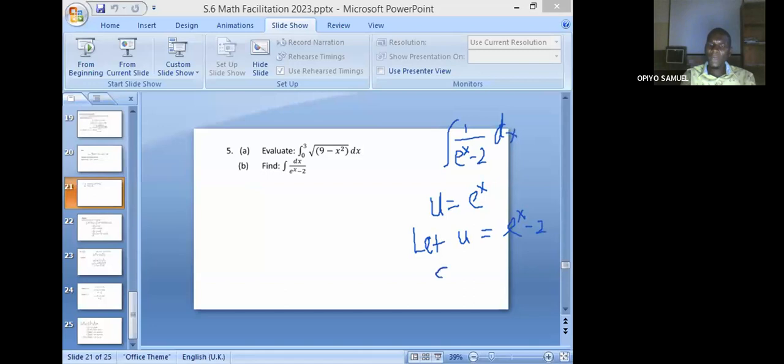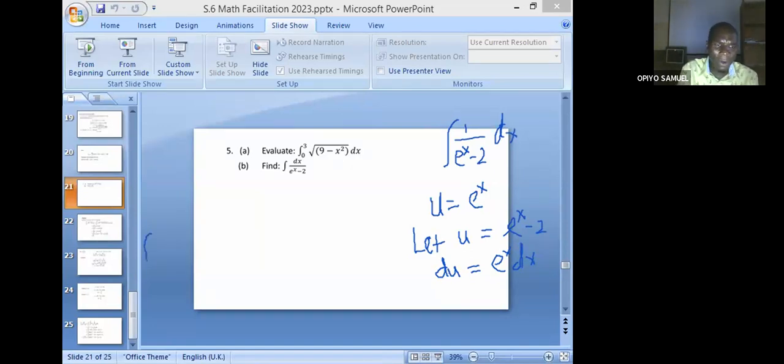So from here you can even see du is going to be e to power x dx.